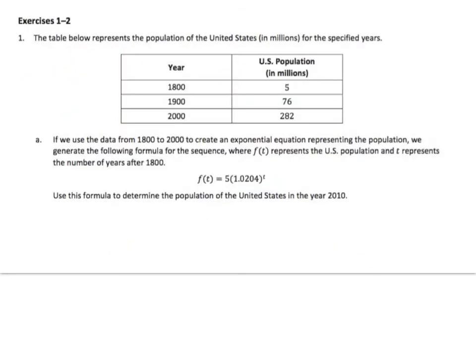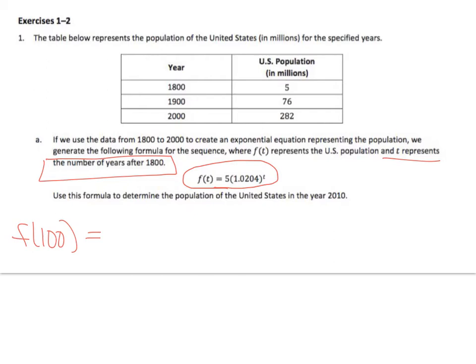The table below represents the population of the United States in millions for the specified years. I have 1800, 1900, and 2000 just for the U.S. population. If we use the data from 1800 to 2000 to create an exponential equation representing the population, we generate the following formula where f of t is the U.S. population and t represents the number of years after 1800. So we're going to check 1900. Oh, it's for 2010.